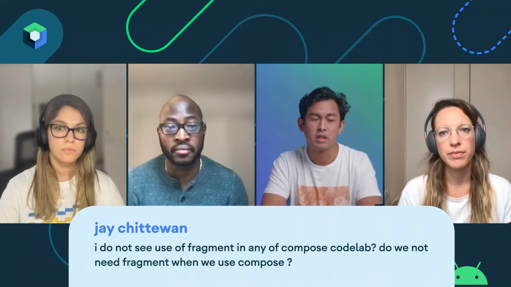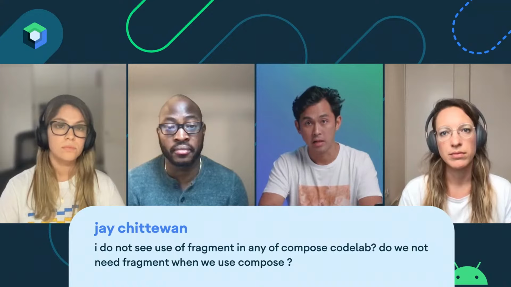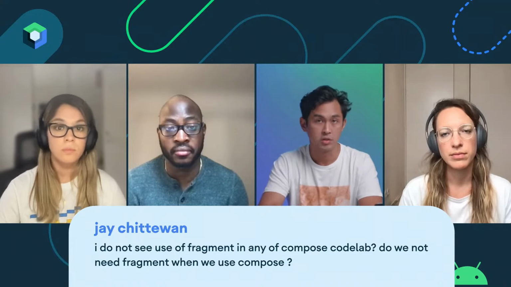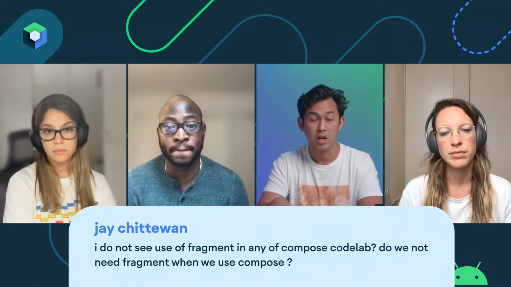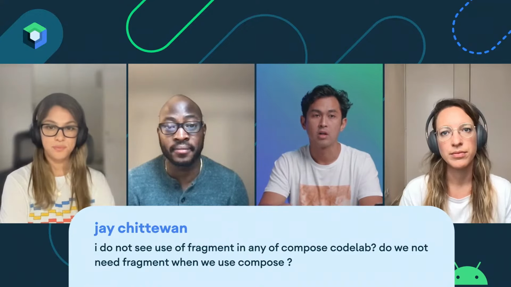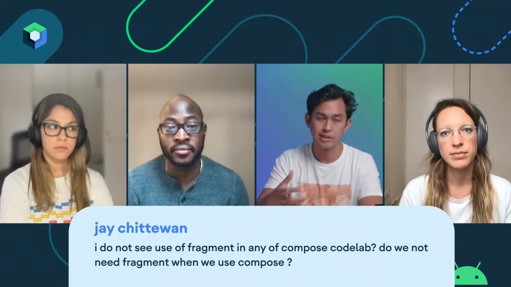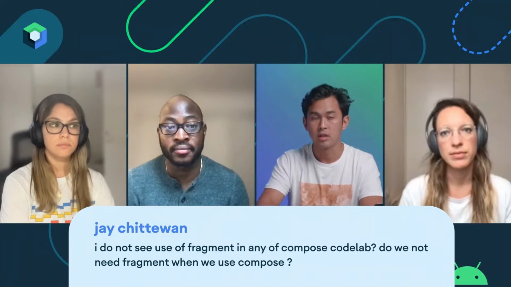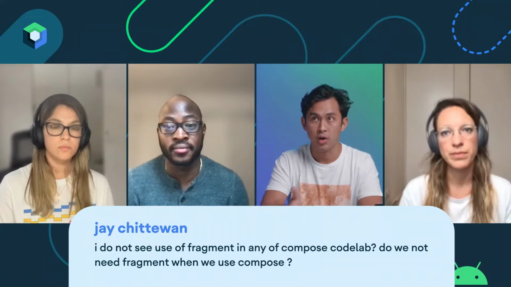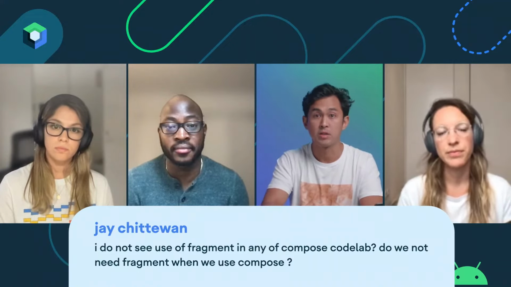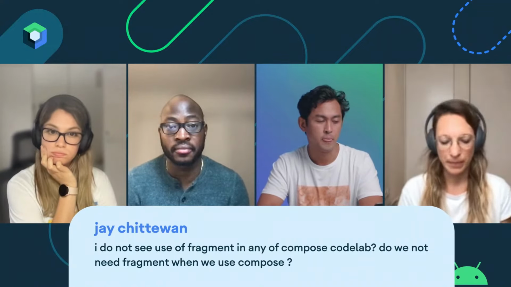One strategy is to first replace all of the contents of the fragment with composables. So you're still using navigation component, you're still using Fragments, and once all of the contents of your fragment are in Compose, then you can replace your Fragments with a top-level composable function, and then use navigation compose to drive the different routes in your app. So yeah, hope that answers your question.